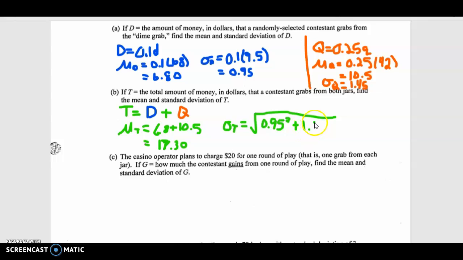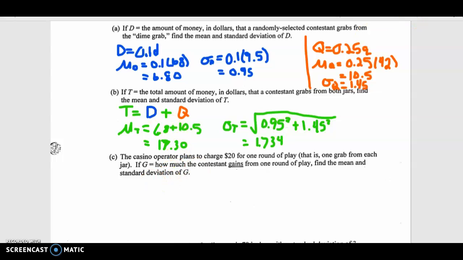So 1.45 squared. Again, that's what we found here in part A that we didn't need, but we need it here. And if you type that into your fancy Inspire, you should get 1.734. So there's my mean and my standard deviation of this random variable T.